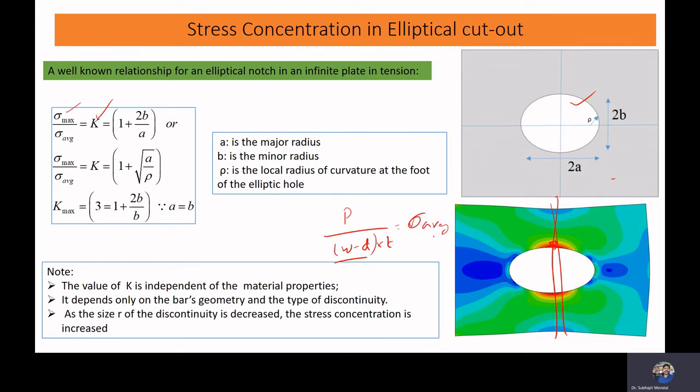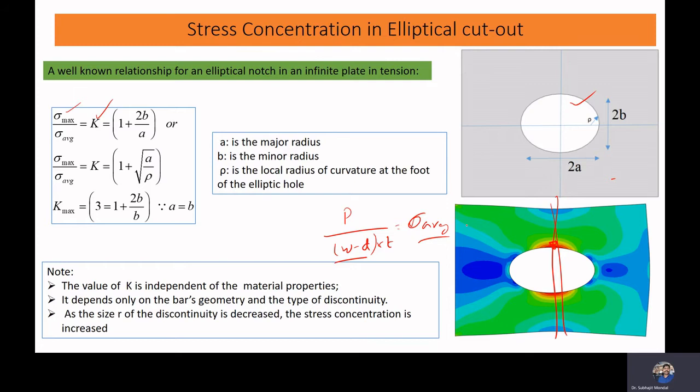Okay. Now, if you know the average stress and the stress concentration factor, then we can find how much stress is occurring here. So if we have a plate with an elliptical cutout, the stress concentration factor we can write as 1 plus 2b by a.